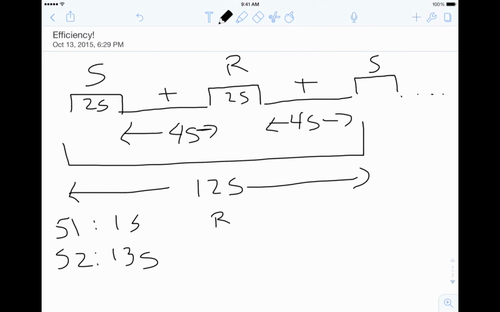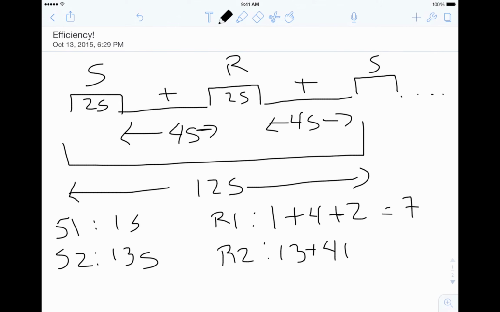Likewise, response 1 is going to be 1 plus 4 plus 2. The 4 is the fixation, the 2 is the duration of the stimulus. So that's at 7. And the second response cue would be at 13 plus 4 plus 2.